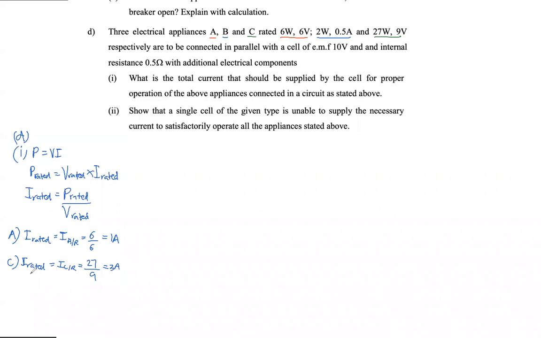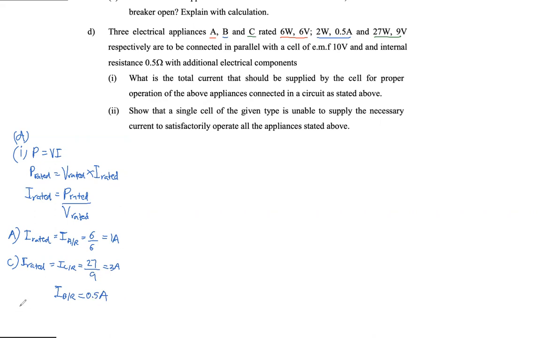So total current required is how much? I'm going to directly write the rated current for B, IB. That is already given in the question to us, and what is the value, people? You can see that is 0.5 ampere, correct? It is already provided to us.